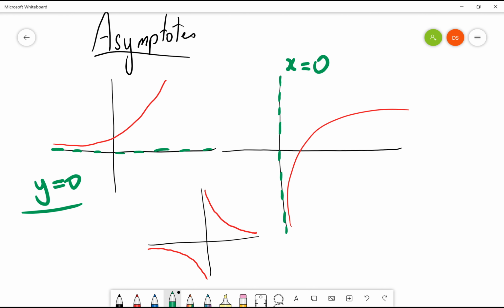And for your hyperbola, unless you transform it, x equals 0 and y equals 0 are your two asymptotes. And they tell you where your graph will not cross over. And so these asymptotes become the third, but they also are symmetric along this line.